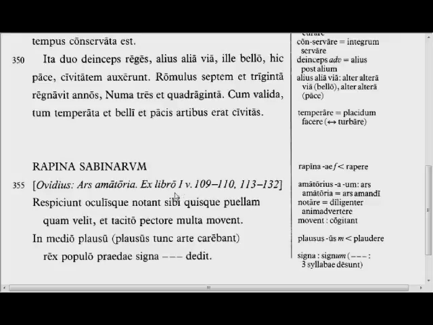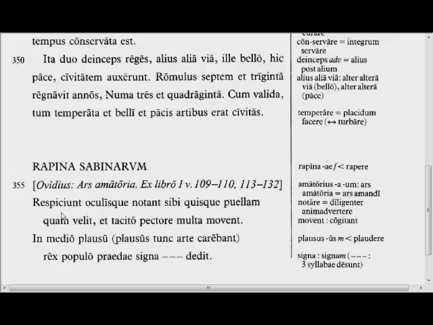Two shorts in sibi, followed by a long I in quisque because you have two consonants, and a short E, followed by a short U, and a long E, and a long A. So the way you would read this line would be "respiciunt oculis que notant sibi quisque puellam."